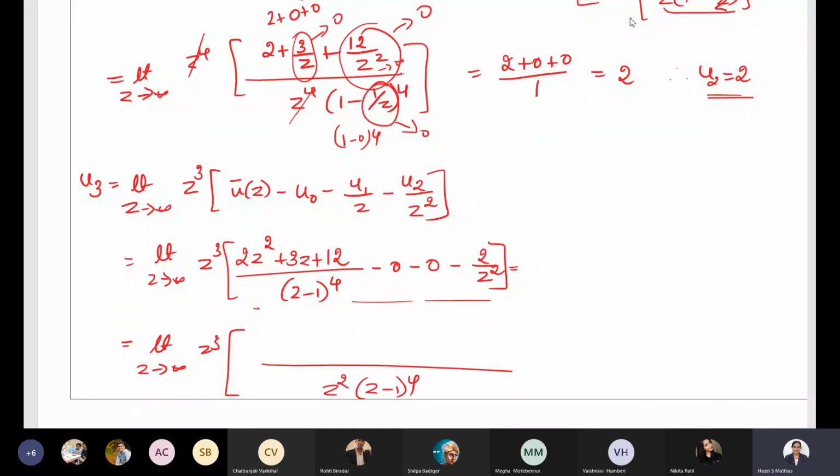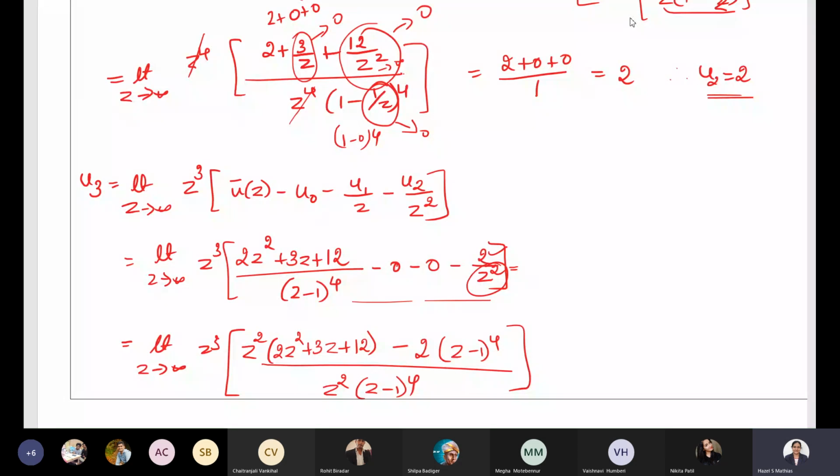Okay, so here in the denominator only z minus 1 power 4 is there. That's why you have to multiply the terms which are there in the numerator by z square. z square into 2z square plus 3z plus 12. Then minus 2 by z square. So in the denominator only z square is there. Therefore you have to multiply 2 by z minus 1 whole power 4. This is how you take the LCM.